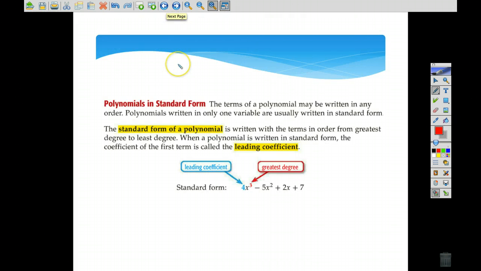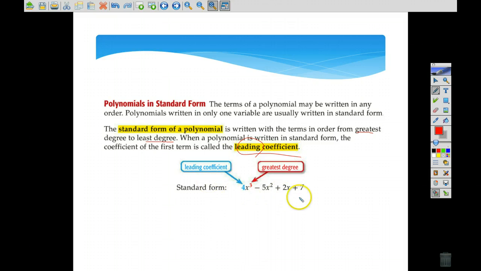Polynomials in standard form. The terms of a polynomial may be written in any order. Polynomials written in only one variable are usually written in standard form. The standard form of a polynomial is written with the terms in order from greatest degree to the least degree. When a polynomial is written in standard form, the coefficient of the first term is called the leading coefficient.